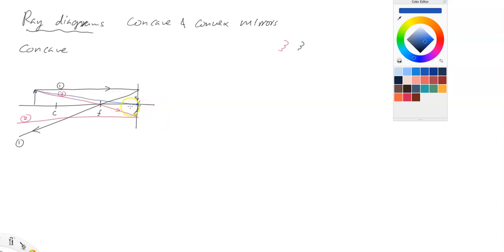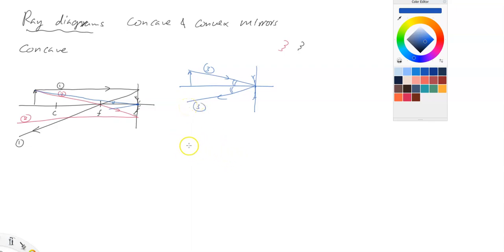One that hits the center, after the reflection makes the same angle. So whatever angle it makes, it should make the same angle. So this is not a good diagram. Let me redraw this whole thing. One that hits the center reflects with the same angle. These angles are the same. This is number 3.